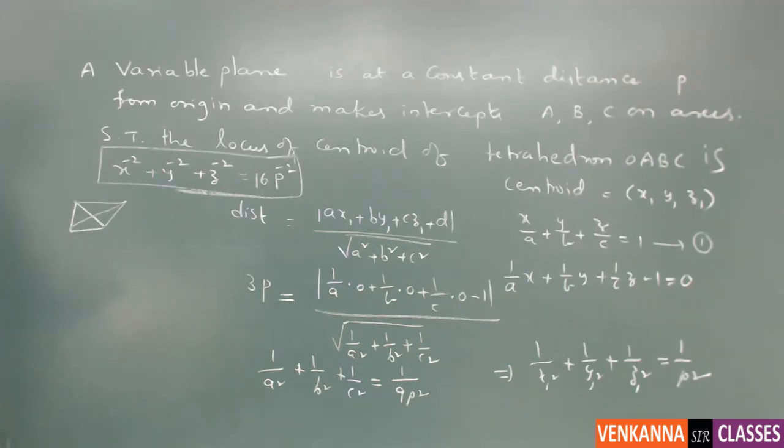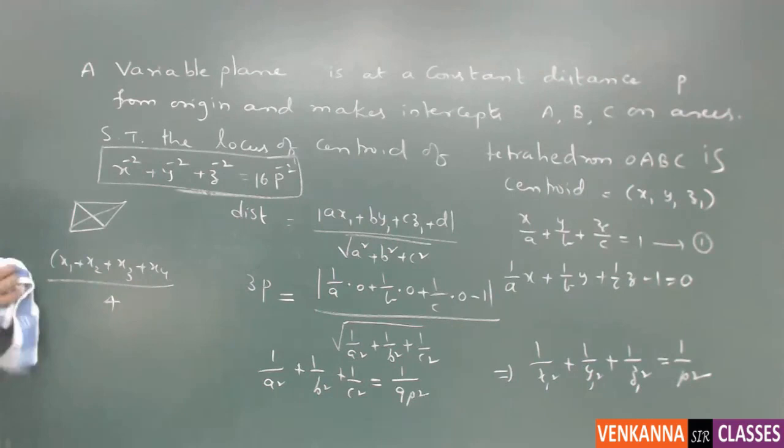The formula for the centroid of a tetrahedron is (x1 plus x2 plus x3 plus x4) by 4 for the x coordinate. Similarly, (y1 plus y2 plus y3 plus y4) by 4 and for z also. If you are taking 3 vertices, by 3. If you are taking 4 vertices, by 4. There is the difference.